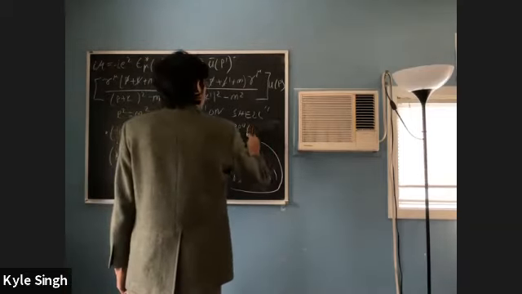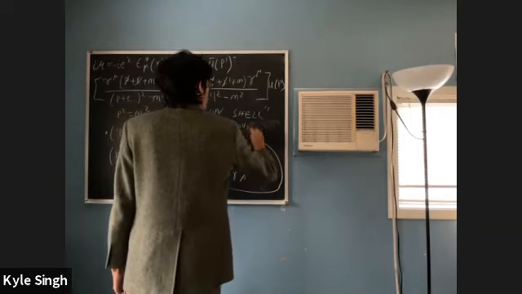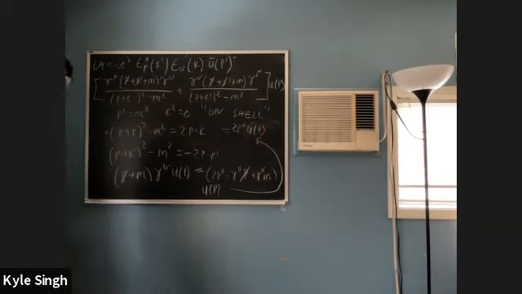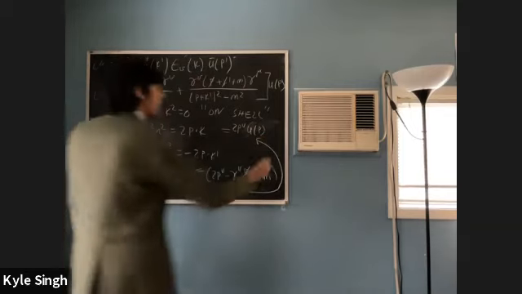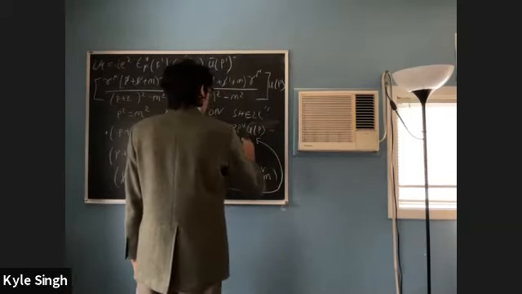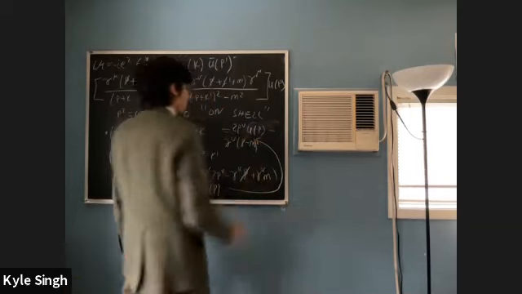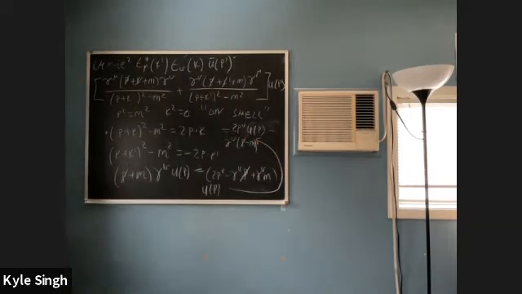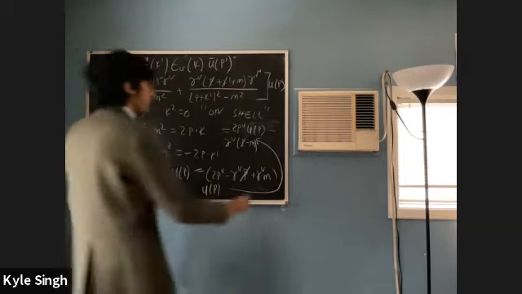two p mu u of p minus gamma mu p slash minus m u of p.